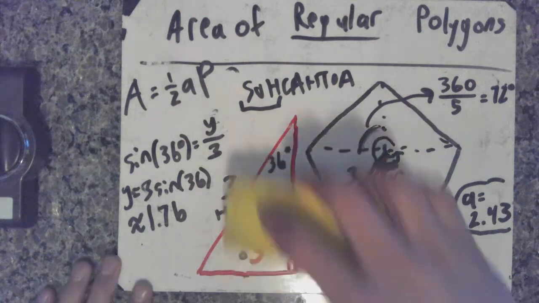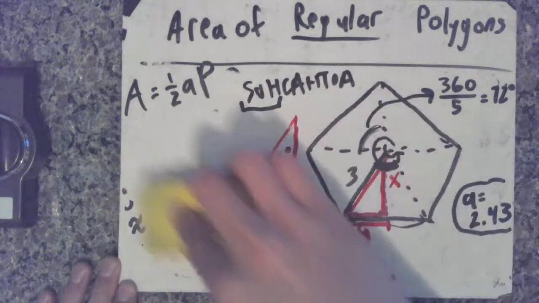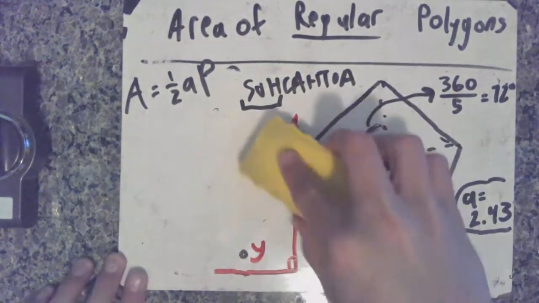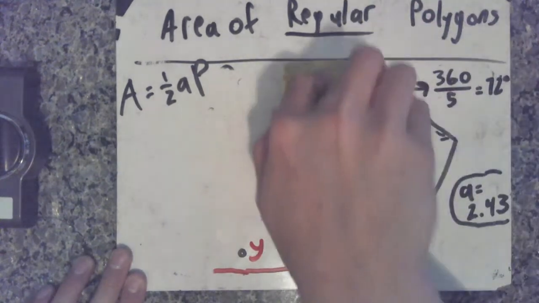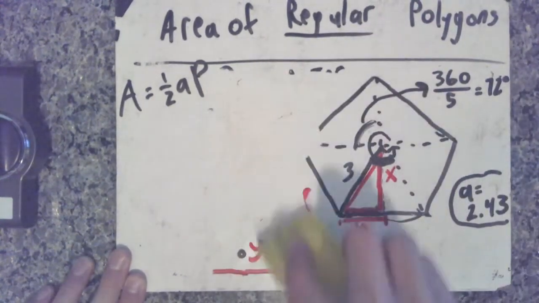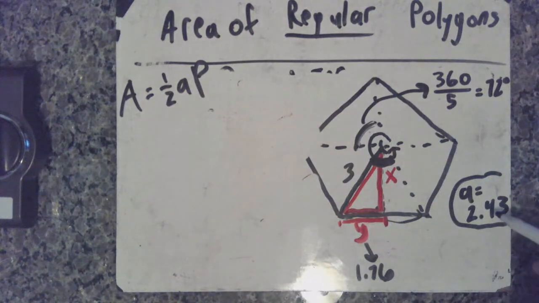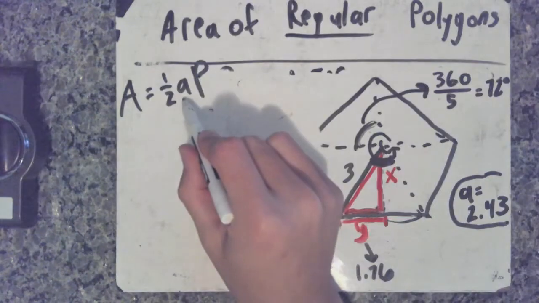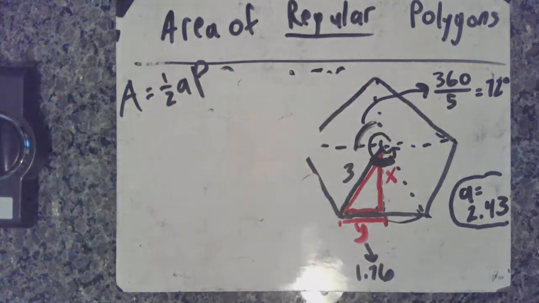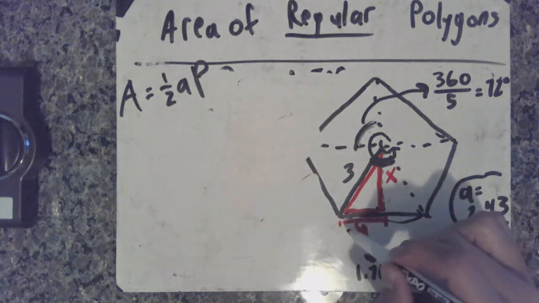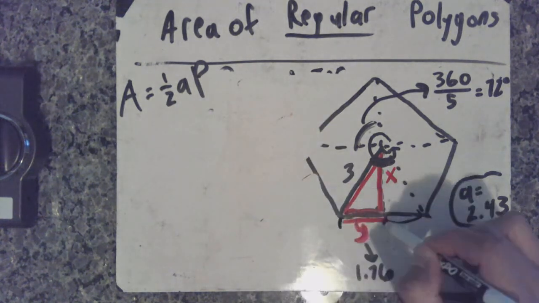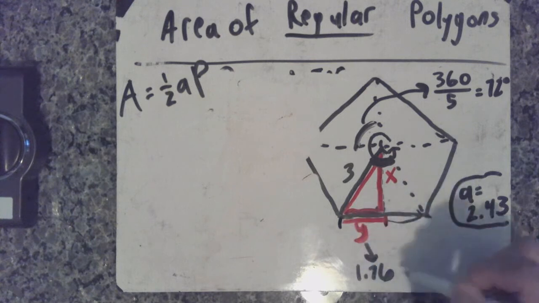So let's now try to actually plug it into the formula. We don't need any of this. So I have my apothem, it's that 2.43. That's what we're going to plug in up here. Let's talk about the perimeter. This little section is 1.76.